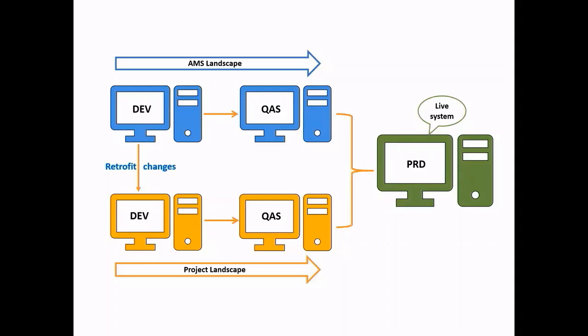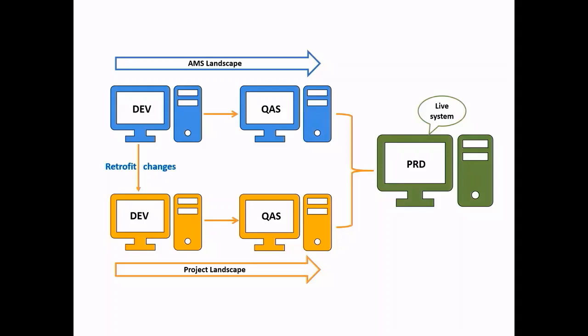So they will switch to the latest configuration in the project landscape. That project landscape will become the AMS landscape, because it holds the AMS part and also the new regional changes.